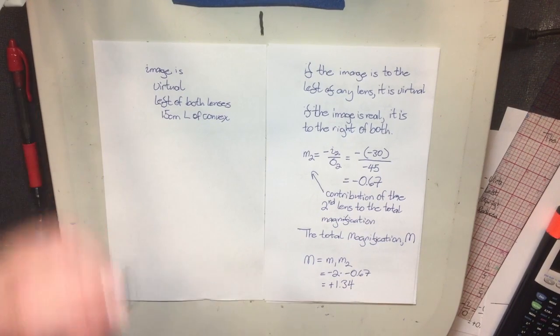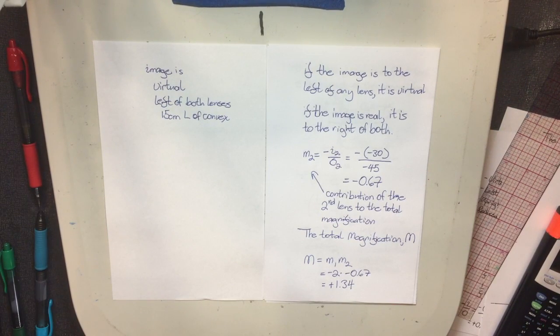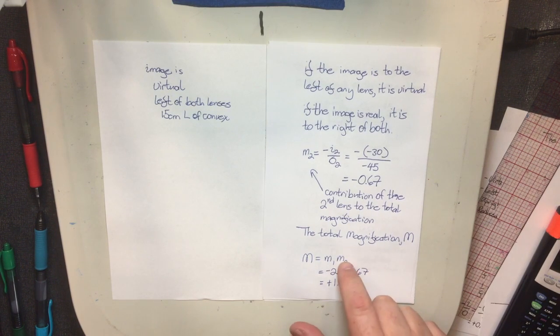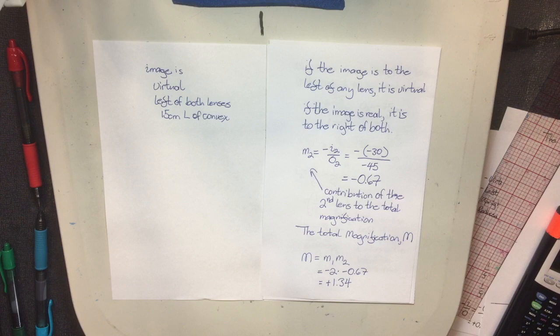The magnification, when you did the problem in the problem set, I was very interested in understanding M1. And then you get to describe the image from the convex lens. And then I go, well, just give me the number for M2. And then I said, give me the total magnification, and then describe the image. M2 means nothing to me.